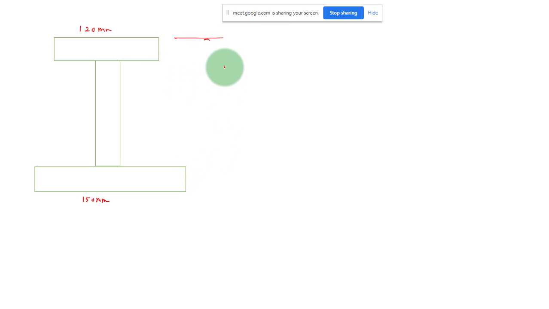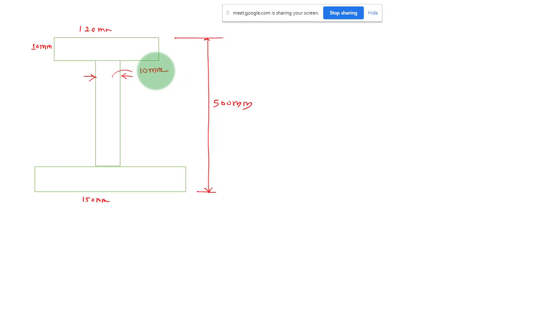It is an I section, but it is unsymmetric. Maybe the thickness is given as 10 millimeter, and this also 10 millimeter.